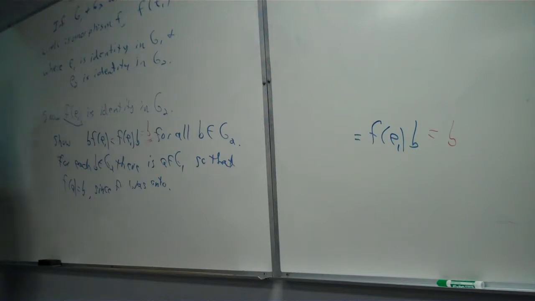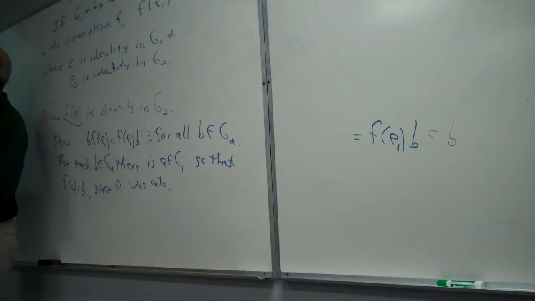So we used one fact about an isomorphism to come up with this A. Are there other things we know about an isomorphism that might help us do something here? It's actually kind of on the screen here as well.